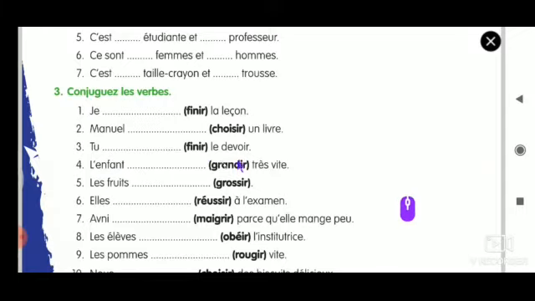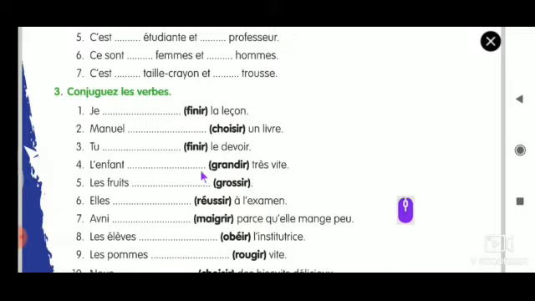What is the fourth one? L'enfant grandir très vite. Grandir, you must know the conjugation, right? So you have to take out the R and what do you have to add? Any idea? Yeah, you have to add T. Good.